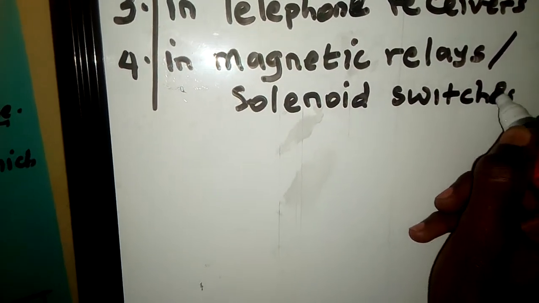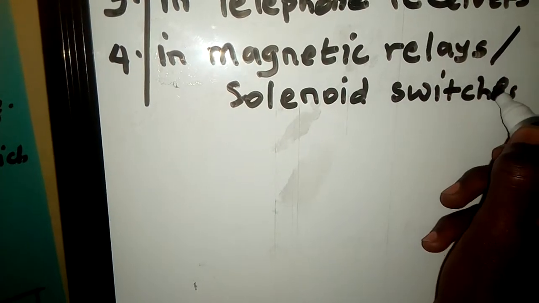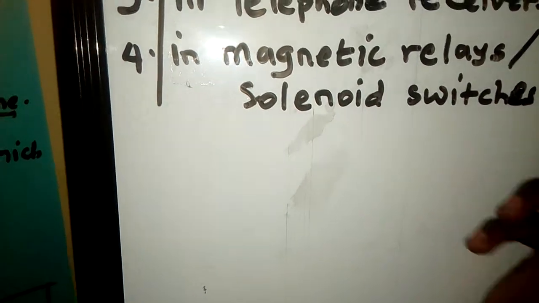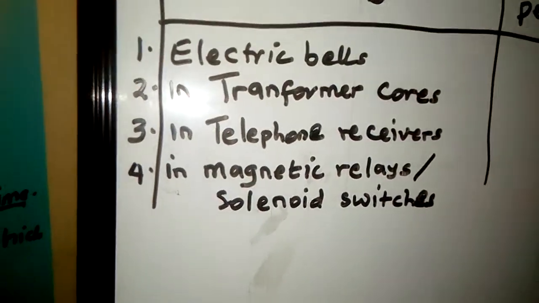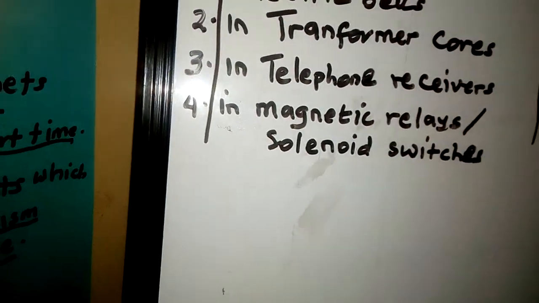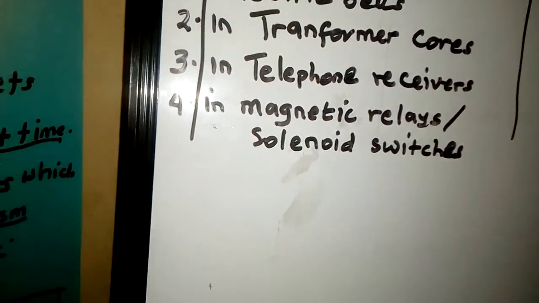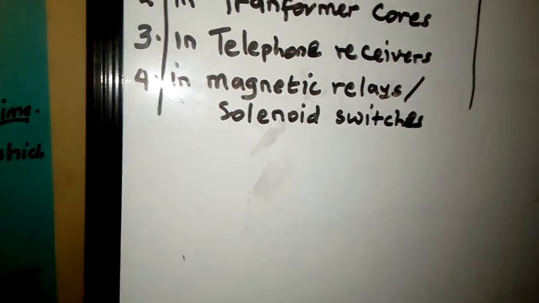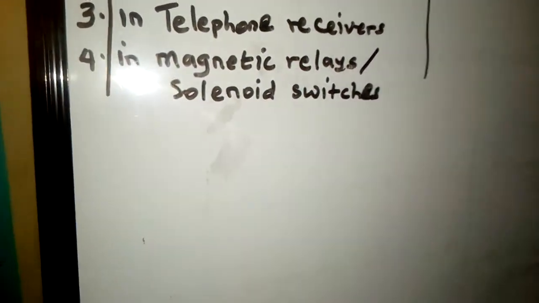A magnetic relay also needs magnetism for a very short time. So for that reason, it needs a temporary magnet.